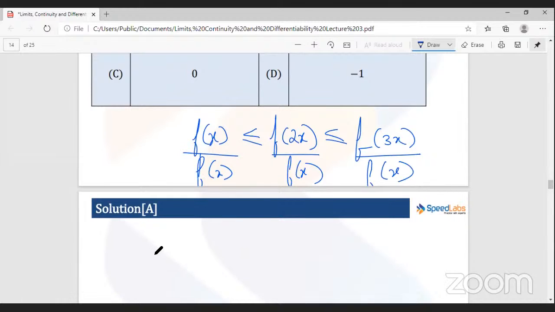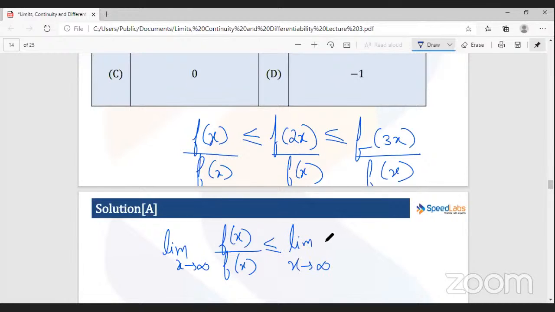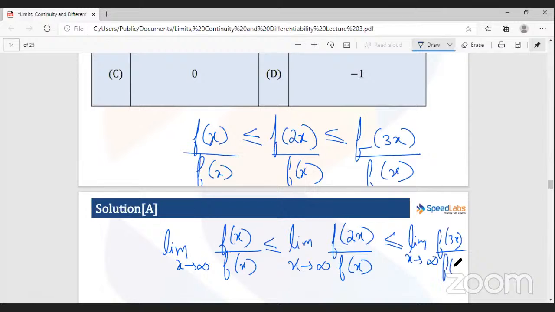So now, if I take the limit as x tends to infinity in all three, what I get is fx upon fx is less than or equal to the limit of f of 2x upon fx, which is less than or equal to the limit of f of 3x upon fx.